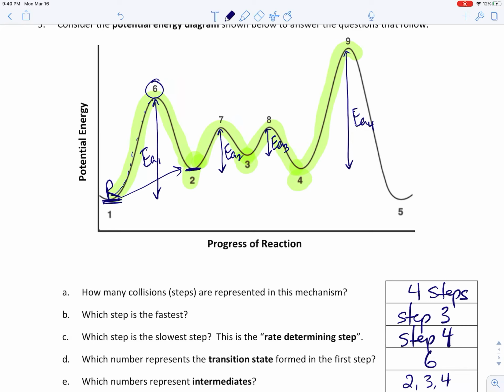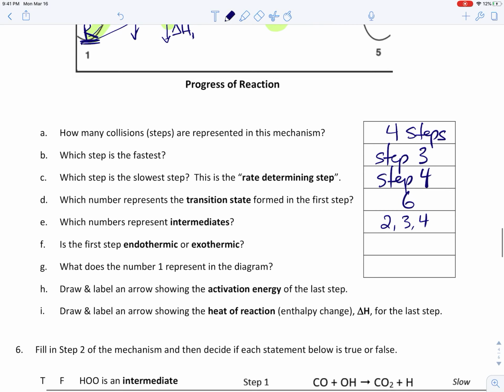If energy was being absorbed, it's an endothermic process, and the delta H for that, which is the difference between those two energies, the delta H for step 1, would have been a positive value. So the first step is endothermic. Energy was absorbed, delta H is positive.